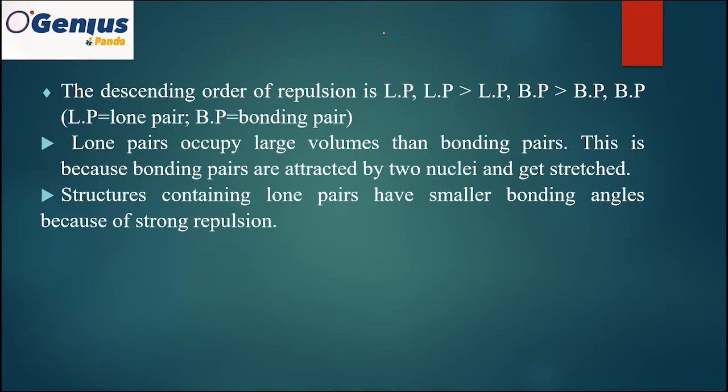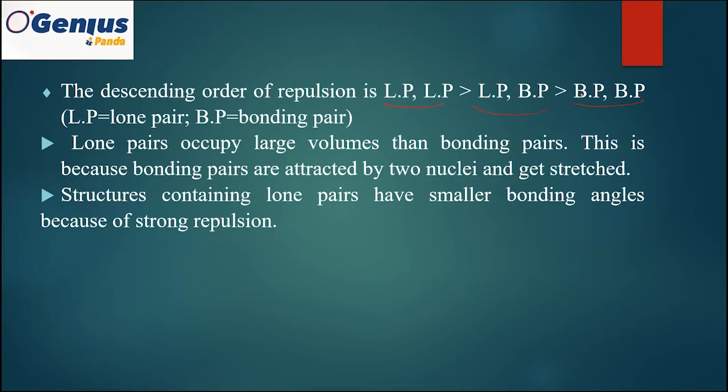The descending order of repulsion is lone pair, lone pair. So the repulsion is strongest between a lone pair and a lone pair. What follows is the repulsion between a lone pair and a bonding pair. And the weakest repulsion will be between 2 bonding pairs.